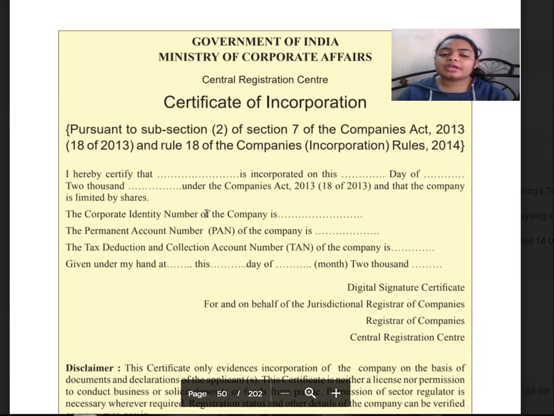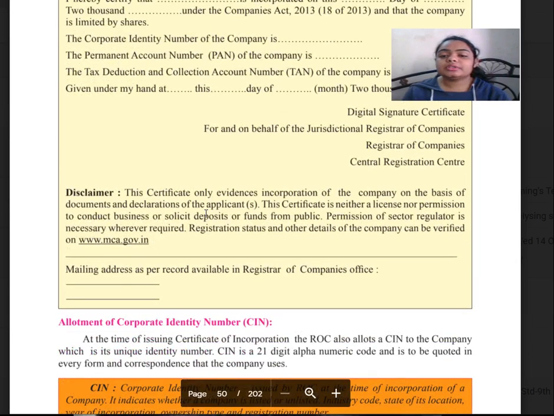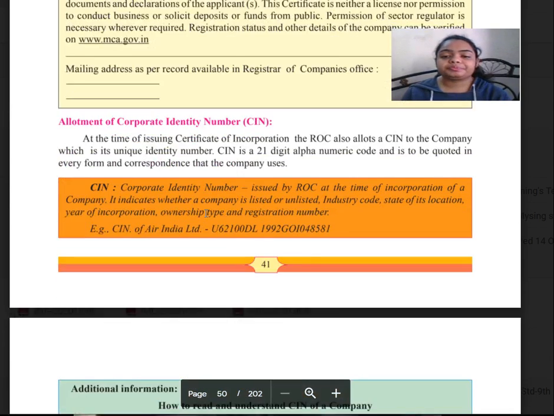The corporate identification number of the company is this, the permanent account number of the company is this, the tax deduction and collection account number of the company is this, given under my hand on this day of the month. Then the digital signature certificate on behalf of the Registrar of Companies. This is how the certificate of incorporation looks, along with the mailing address as per record available in the register of companies.